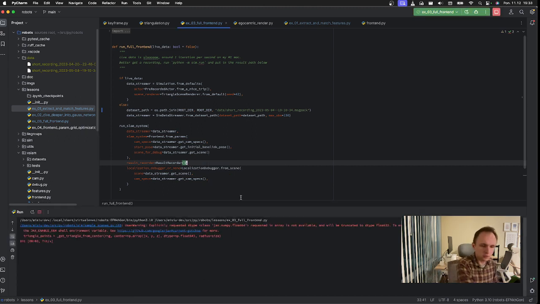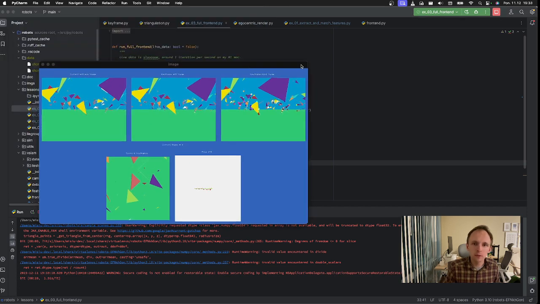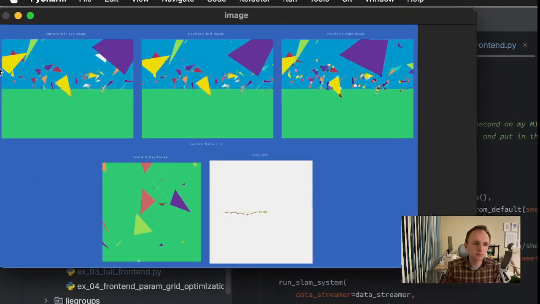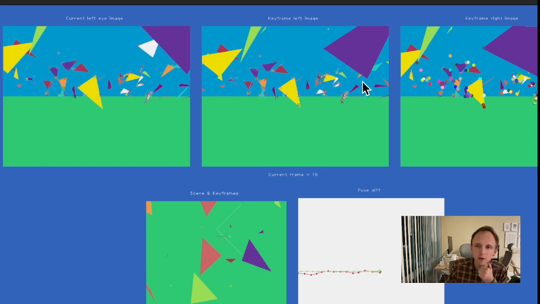Let's see how it goes. Right. So we see left eye and right eye, and you notice there's a little bit of difference between those, right?